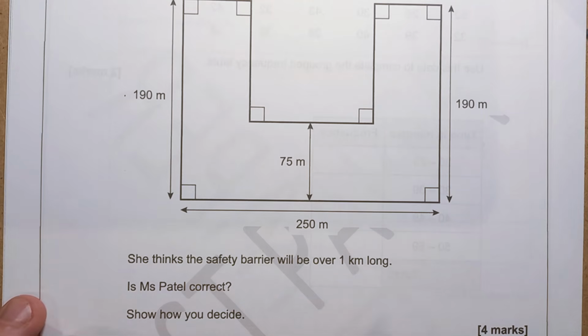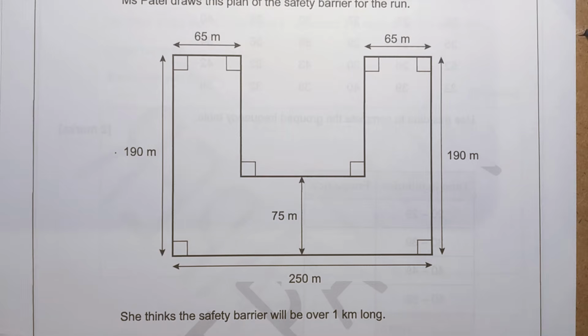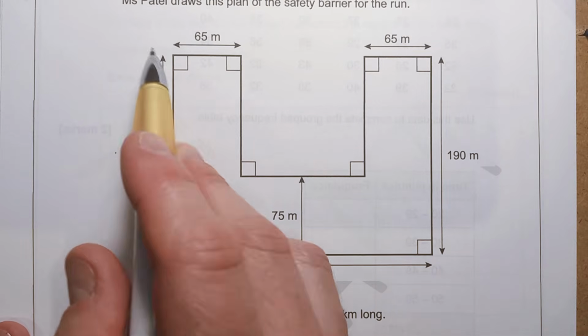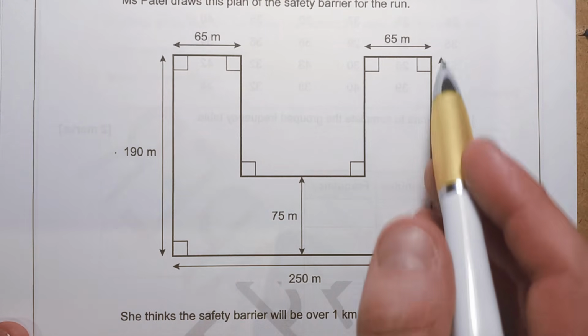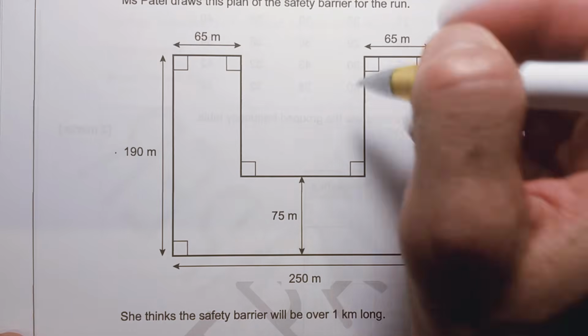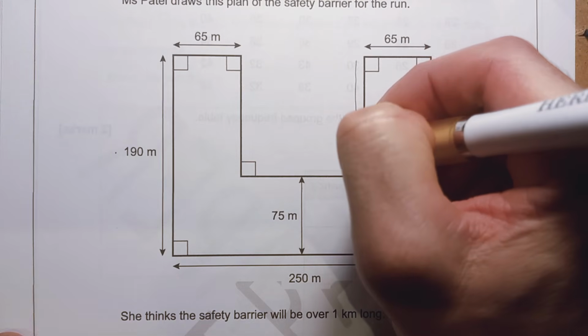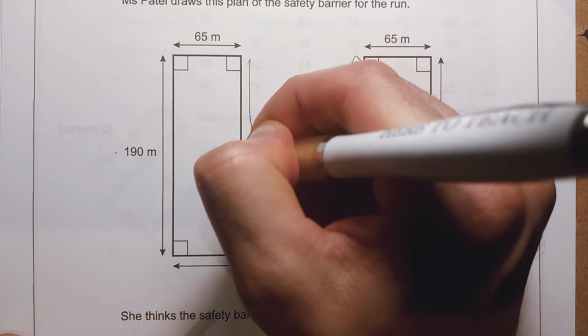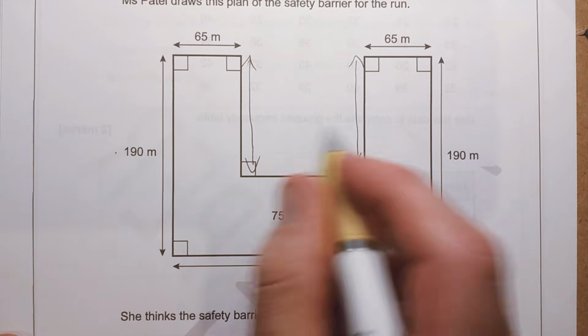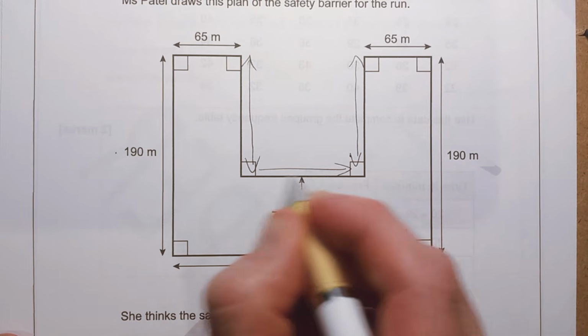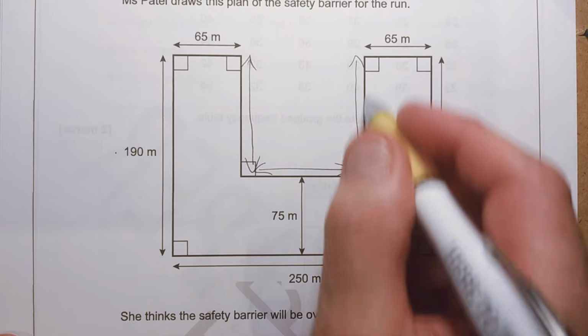So basically we want the perimeter. Okay, so we've got to measure all of it. So we just add up all the distances. Now we've got some distances missing, so we haven't got this one here, which will be the same, and this one here. So let's start with this length.